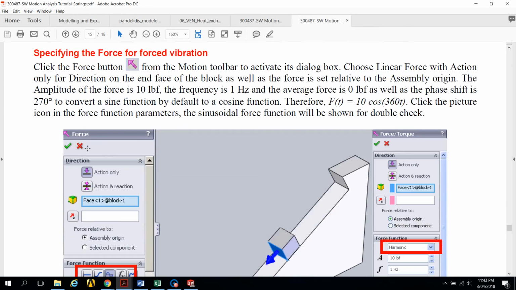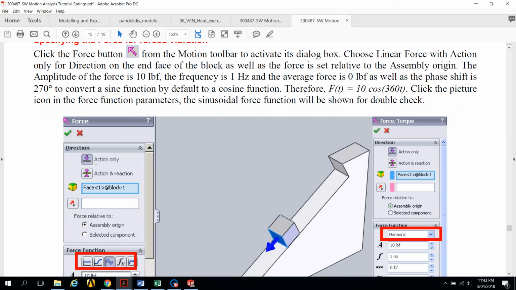specifying the force for the force vibration, and then I have to choose the force button from the motion toolbar to activate this dialog. Choose the linear force with action only for the direction on the end face of the block, as well as the force is set relative to the assembly origin.